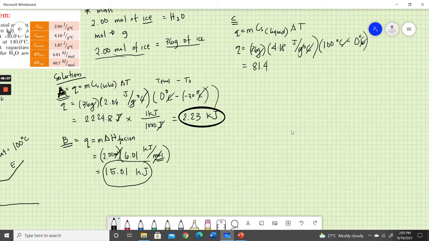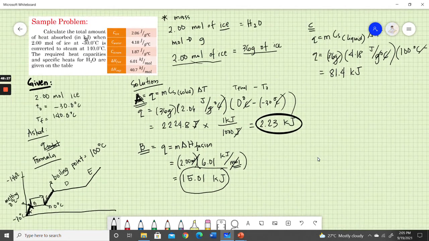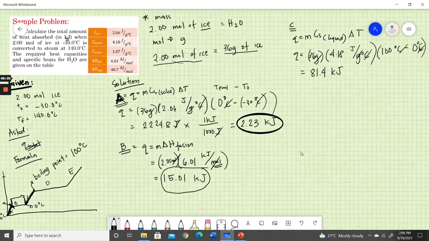81.4 kilojoules. I already converted it to... oh no, oh wait, I made a mistake.